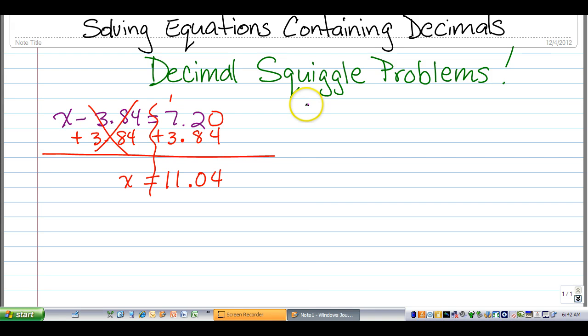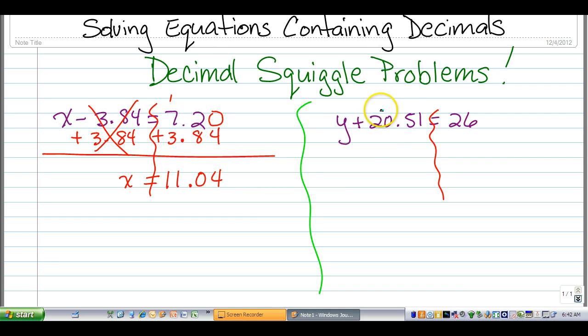Right? Another example of a squiggle problem would be y plus 20.51 is equal to 26. All right, so I put down my squiggle. I come over here. I have to get rid of this 20.51.